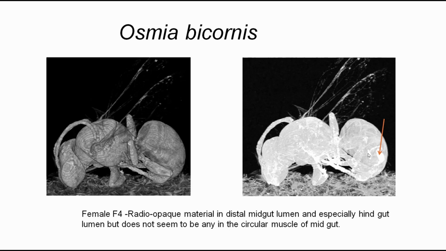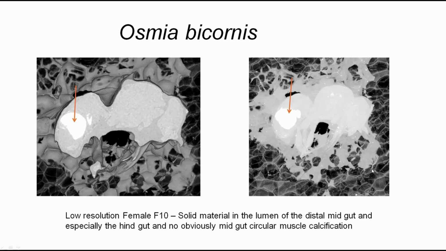Now there was a lot of radio-opaque material in all of these bees, but it did not appear to be in the circular muscle of the midgut, but seemed mainly to be in the distal midgut and throughout the large bowel, in other words the anterior small intestine and the rectal pouch and rectum.